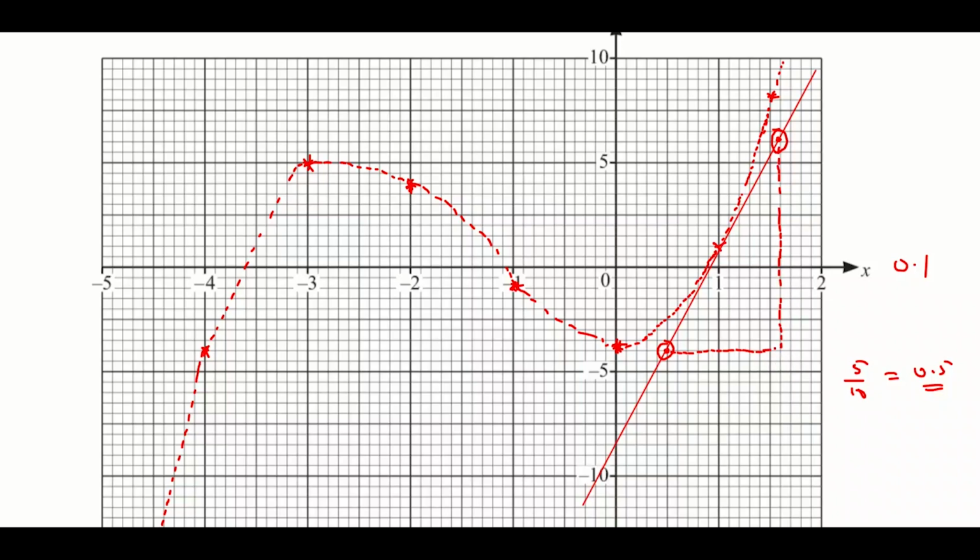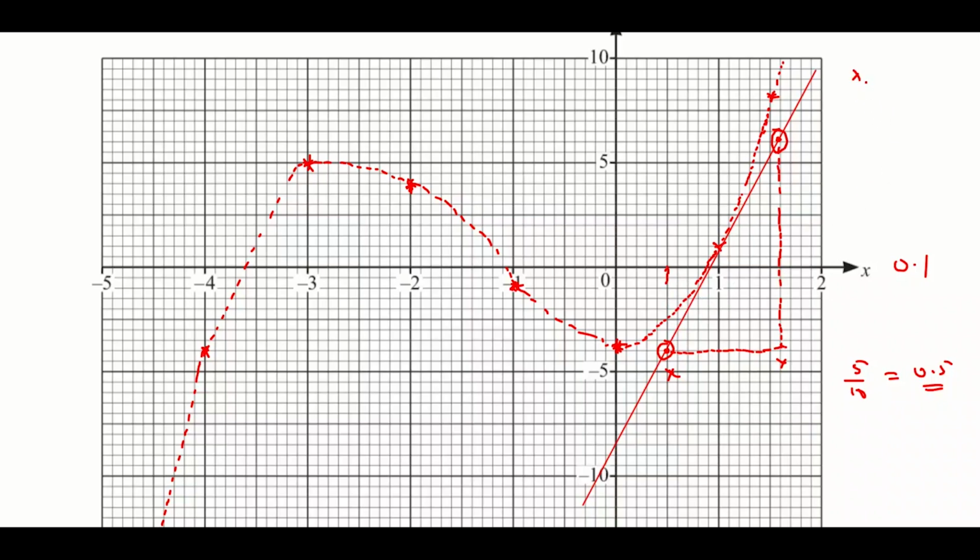Good. So what is the value of x here? What is the value of x here? So what's the value of y here? What's the value of y here? Those are the things I need to use for my gradient. So at this spot, x equals 0.5.